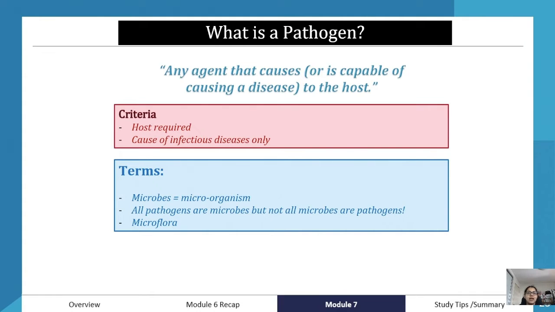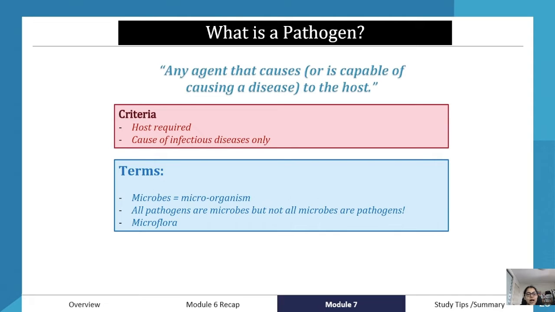Like a virus does that by hijacking the cells of a host, while something like a macroparasite finds habitat inside an individual and uses their nutrients and whatnot. So it differs based on every pathogen, but generally they need a host, and they can only cause infectious diseases that transmit from one person to the other. They cannot cause non-infectious diseases.